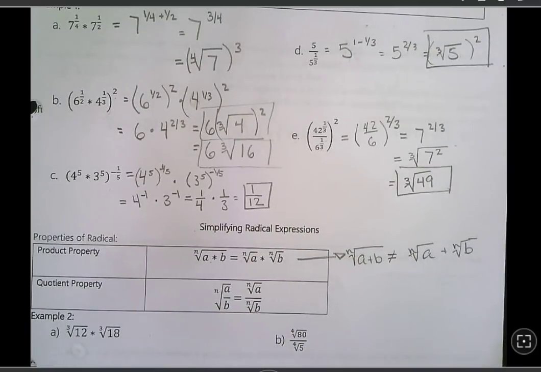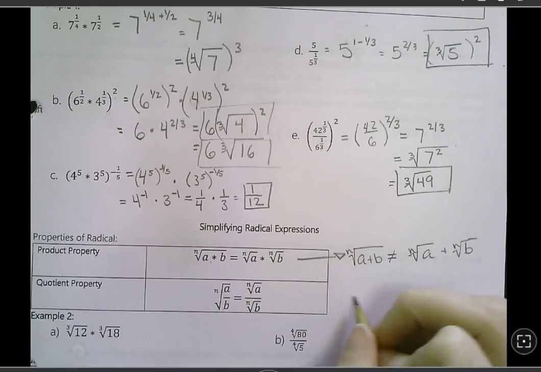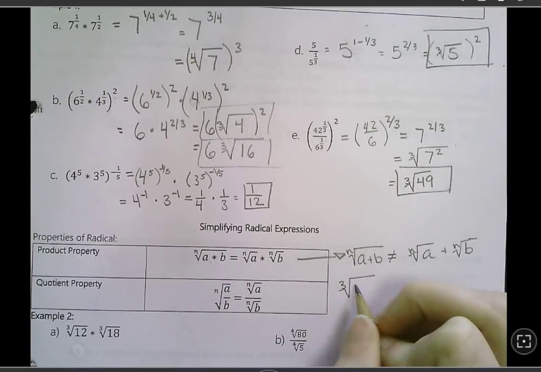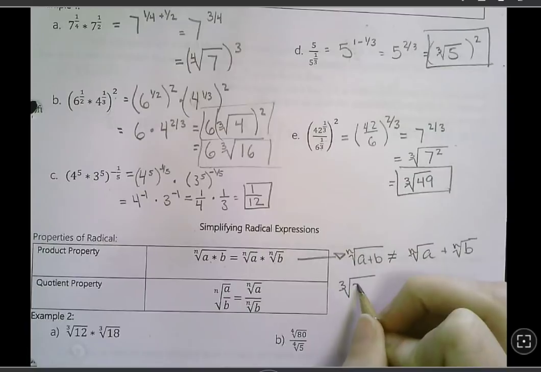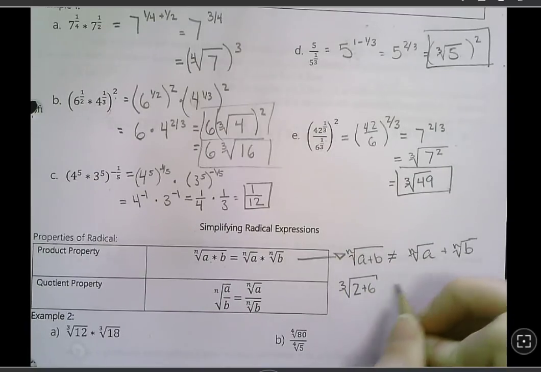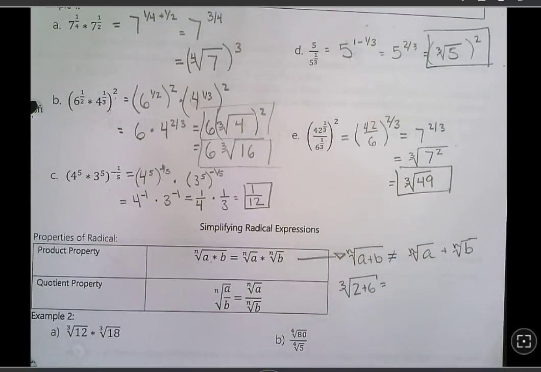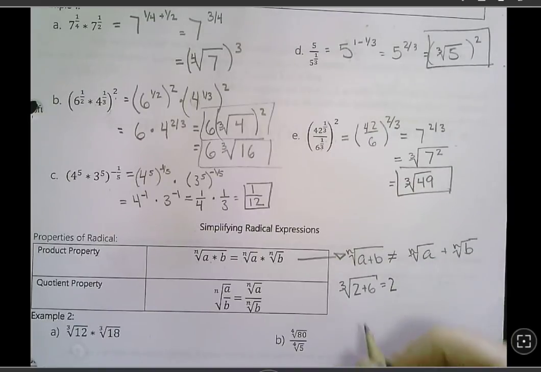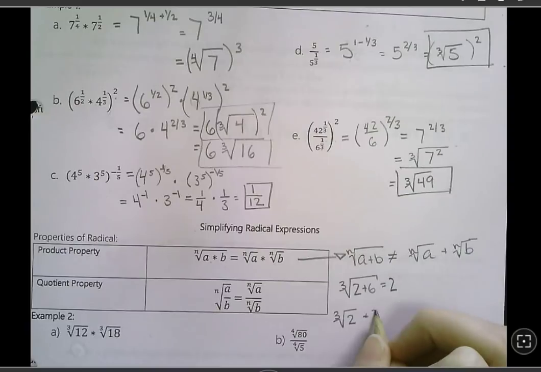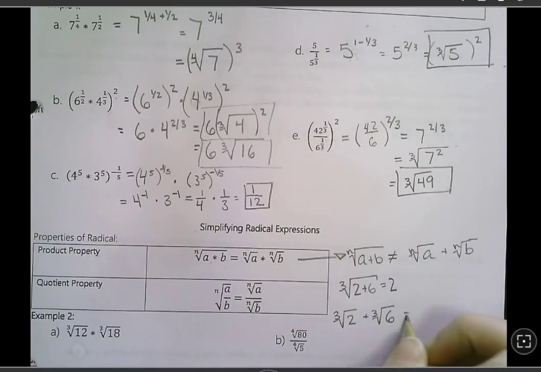If you don't believe me, you can check this on your calculators. If you plug in the cubic root of, say, 2 plus 6 here, well, that's going to be the cubic root of 8, which I know is 2. But if I plug into my calculator the cubic root of 2 plus the cubic root of 6, well, that's not going to be a very nice number.